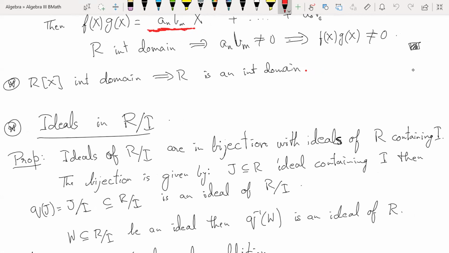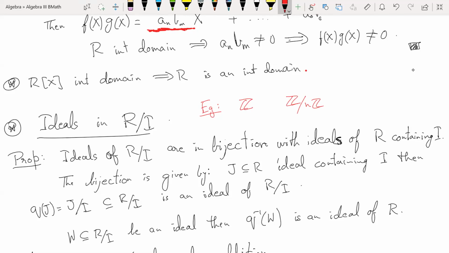Let me just write one example. For instance, we saw this in the case of Z and Z mod n, where we were understanding the ideals of Z mod n.